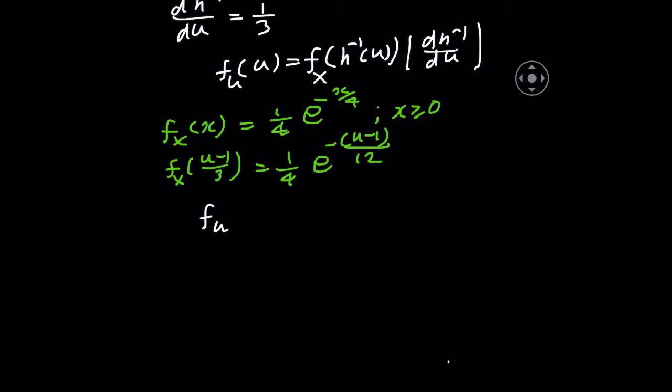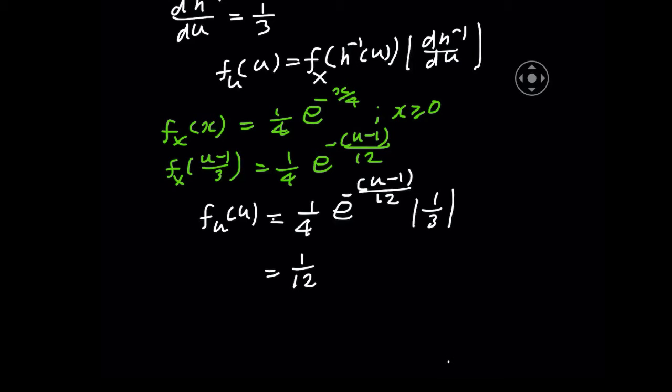So f_U(u) can be written as 1/4 e to the negative (u minus 1) over 12. The d h inverse over du is 1 over 3. So this equals 1/12 e to the negative (u minus 1) over 12.